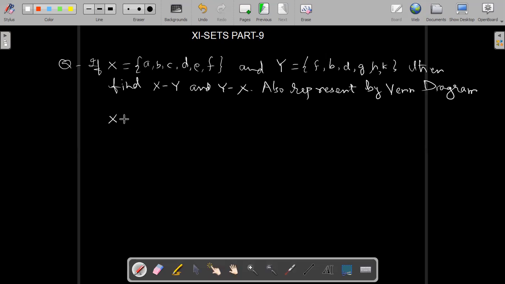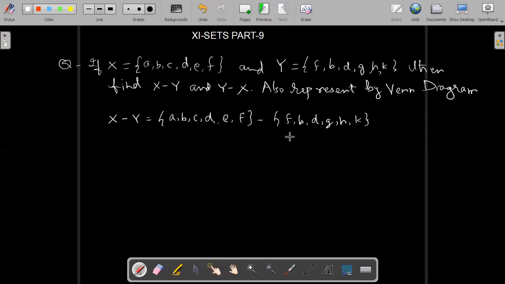To find X minus Y, X is A, B, C, D, E, and F. Y is a set of elements F, B, D, G, H, K. Okay.